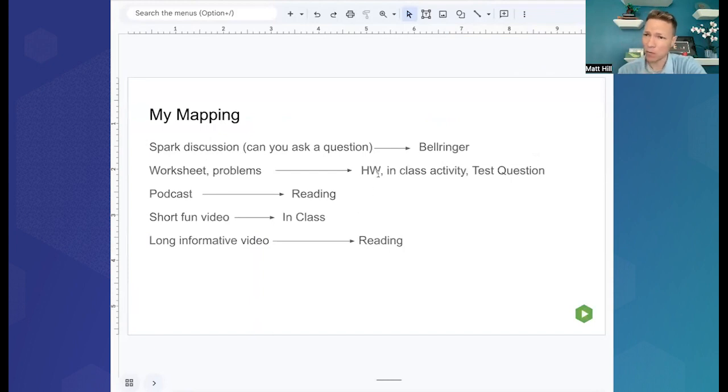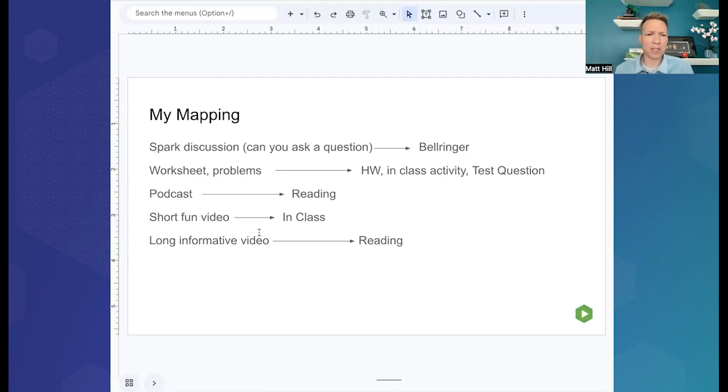And then for the type of resource, this is just what I do. So this is not tested in some lab as the best way to do things, but this is just my personal setup. And so, if it's something where I can ask the students a question or we can have a bit of a discussion going, I'll use that to open the class.